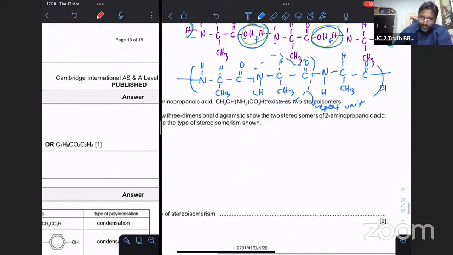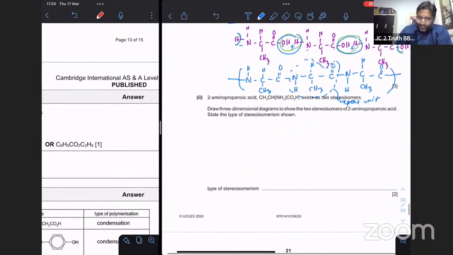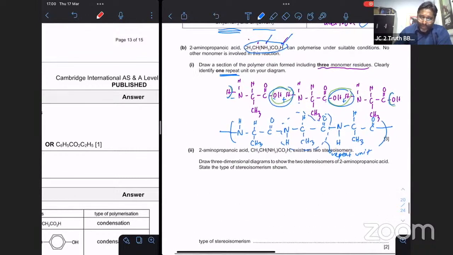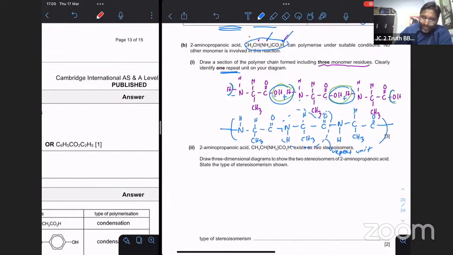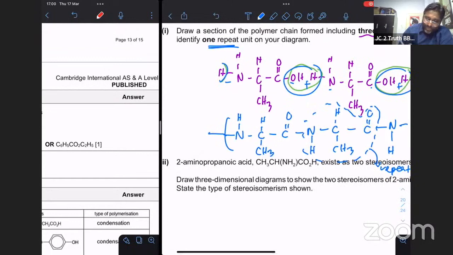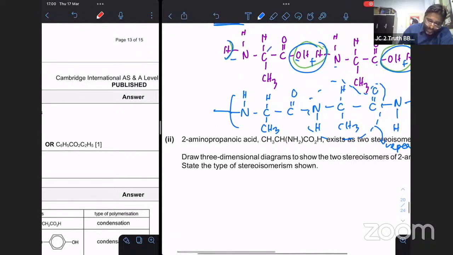Now, they say that it can also exist as 2 stereoisomers. So do remember, if it is going to be 2 stereoisomers, when I look at here, I know what they're talking about, because I know this is going to be a chiral center. Carbon, there is hydrogen, there is COOH, there is CH3, there is NH2.